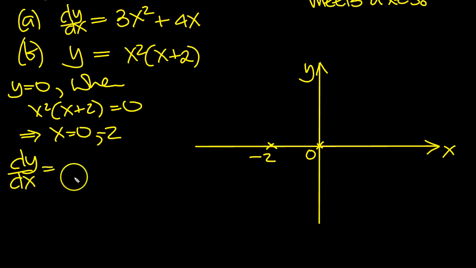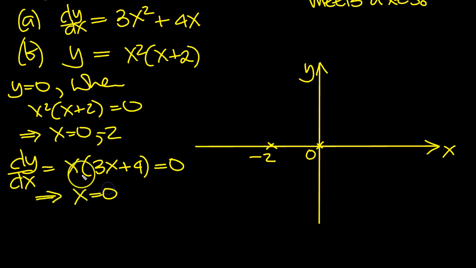So it's 3x squared plus 4x; let's take an x out as common, so it's x(3x plus 4) equals 0. That implies x is 0, and also x is minus 4/3, which is just after minus 1.